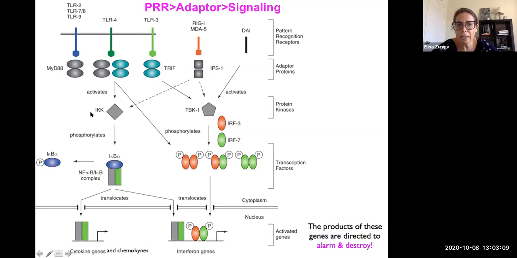We talked about IKK, leading to activation of the NF-kappa B transcription factor, and TBK1 leading to activation of IRF transcription factors. In the case of NF-kappa B, this will induce production of pro-inflammatory cytokines like IL-1, IL-6, TNF-alpha, and IRF, when translocated, will promote transcription of type 1 interferons.